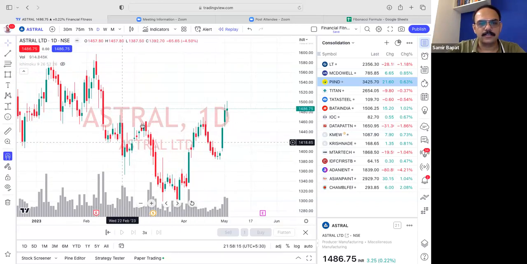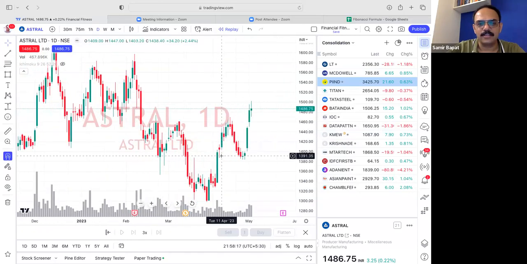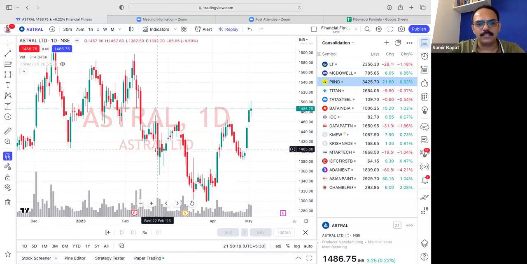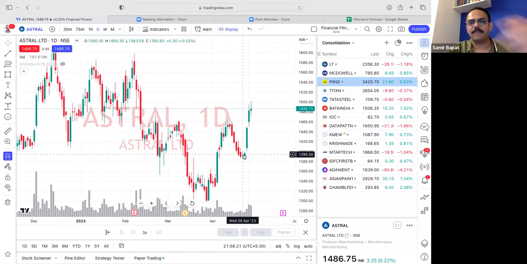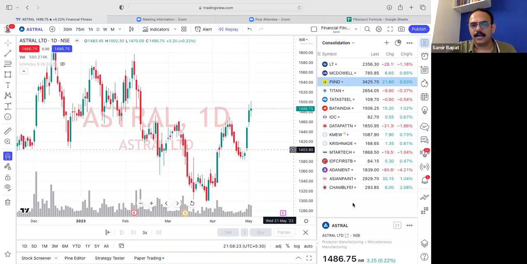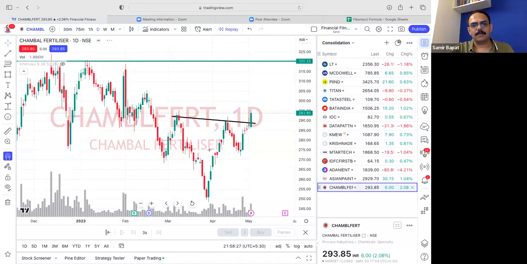Correct. But the only thing is this shoulder is almost the same. Chambal Fertilizer, if you see, I'll just post it. Chambal Fertilizer here. This is the bottom and this is the bottom.